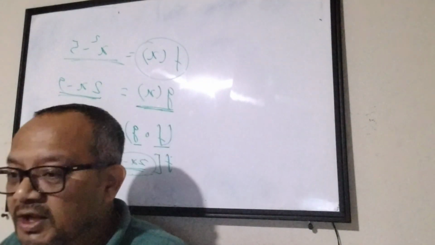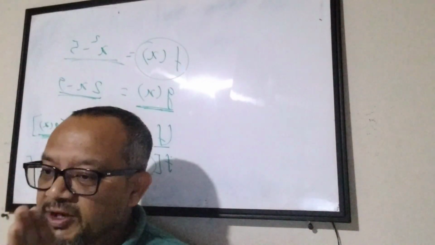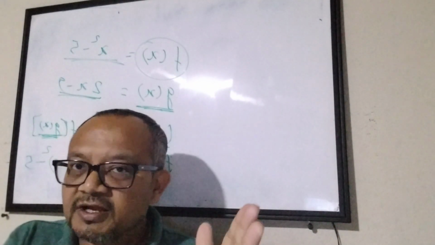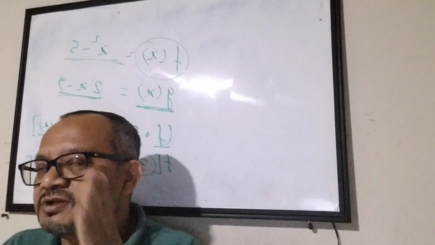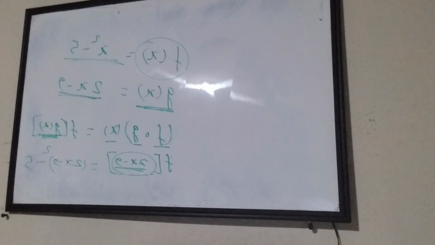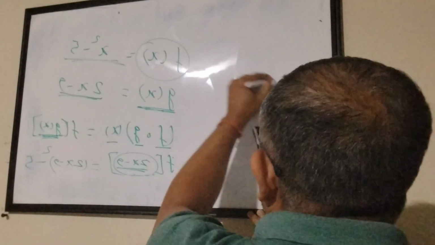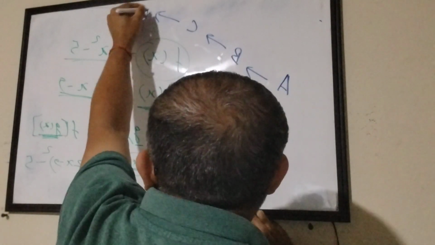It is more like a relationship. If I say A is dependent on B, B is dependent on C, and C is dependent on D, what does it mean?